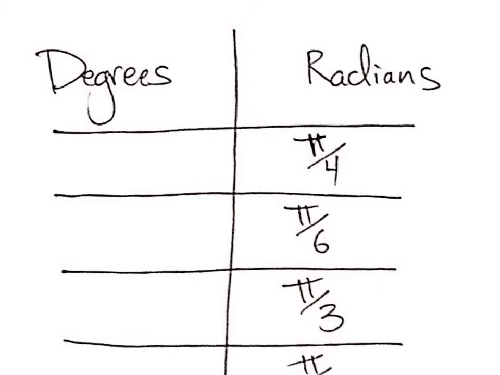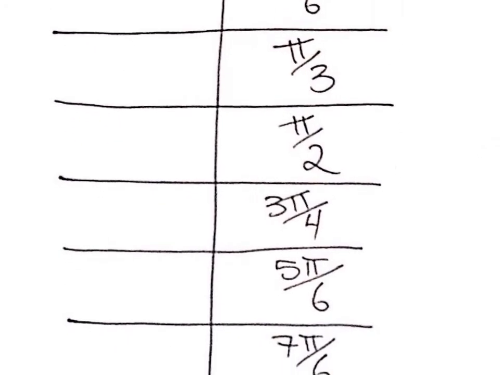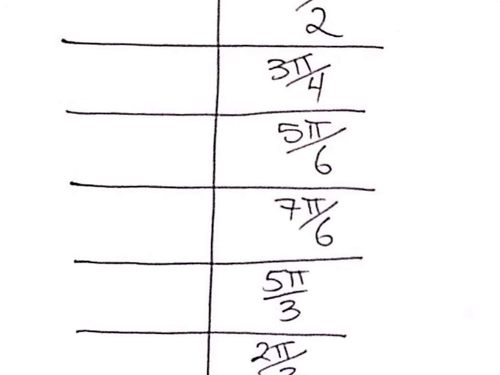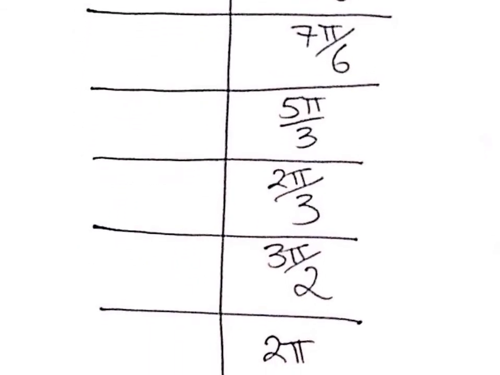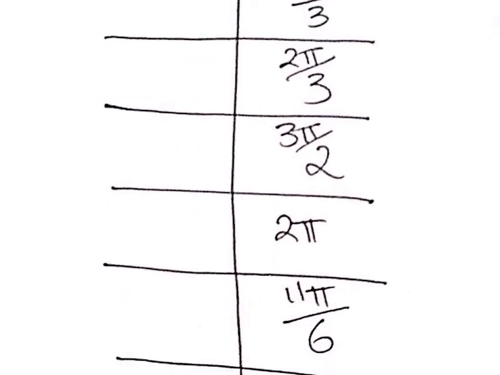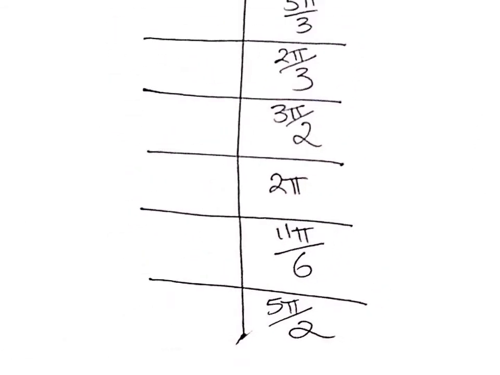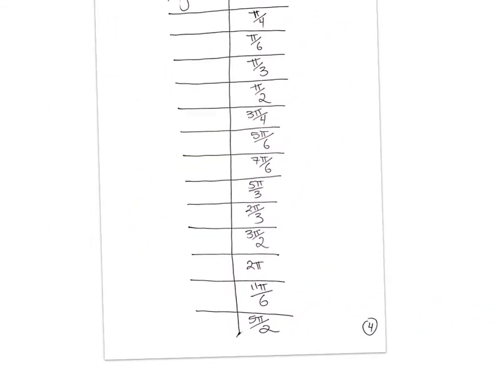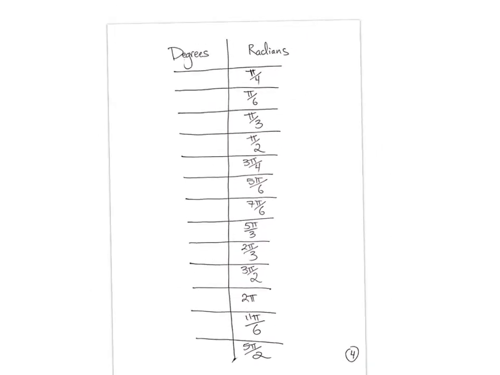But definitely, write this down and try to figure it out before I just tell you the answers. So I got pi over 4, pi over 6, pi over 3, pi over 2, 3 pi over 4, 5 pi over 6, 7 pi over 6, 5 pi over 3, 2 pi over 3, 3 pi over 2, 2 pi, 11 pi over 6, 5 pi over 2, and then the end. So, put this on pause and solve them.